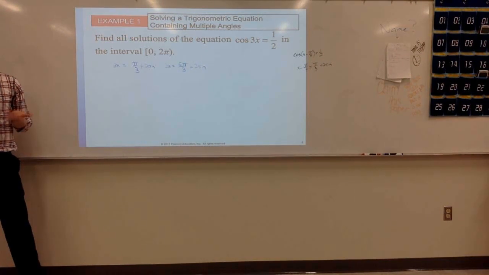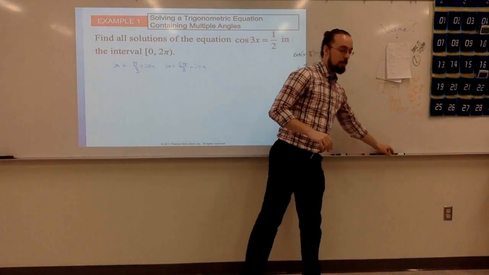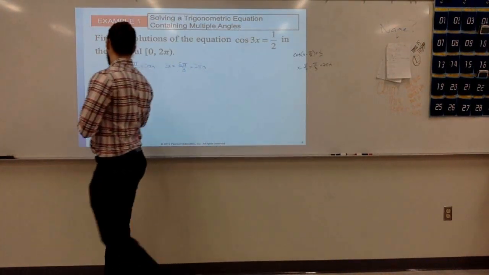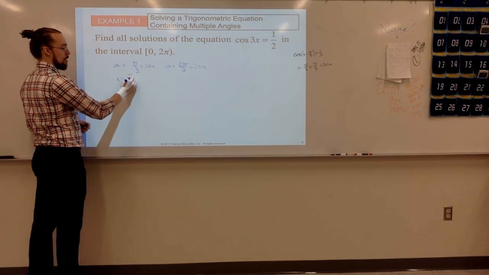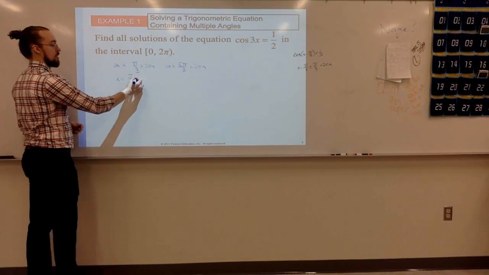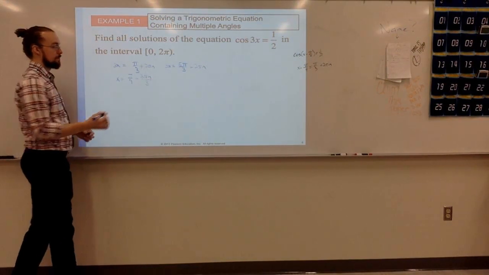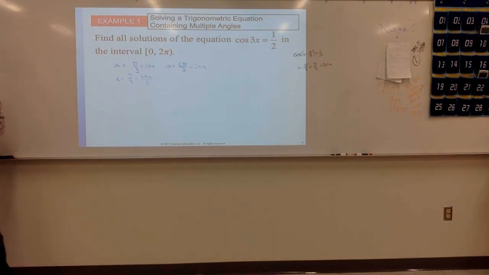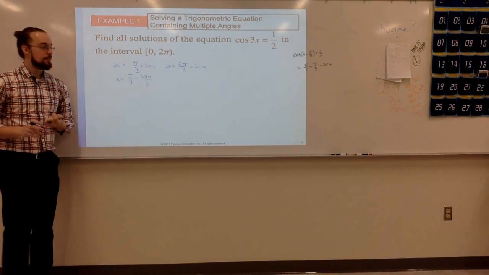So, if I divide everything by 3 over here, we'll end up with x equals pi over 9 plus 2 pi n over 3. Just dividing both of these things by 3.